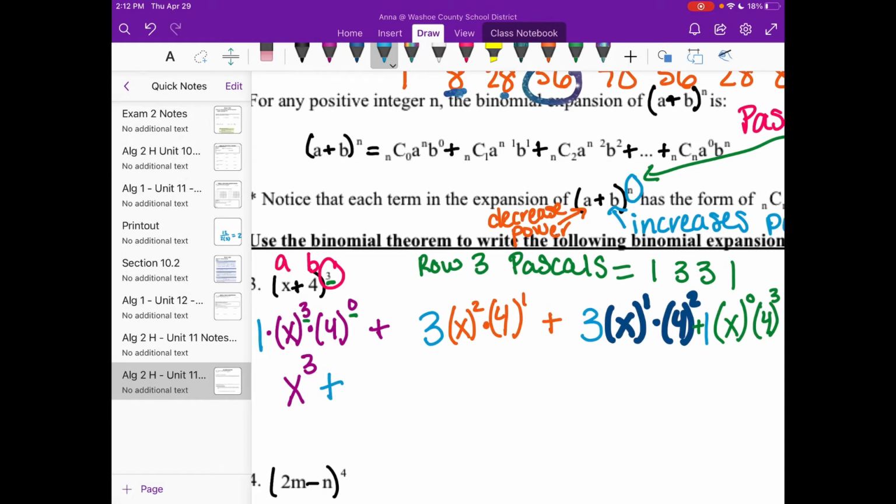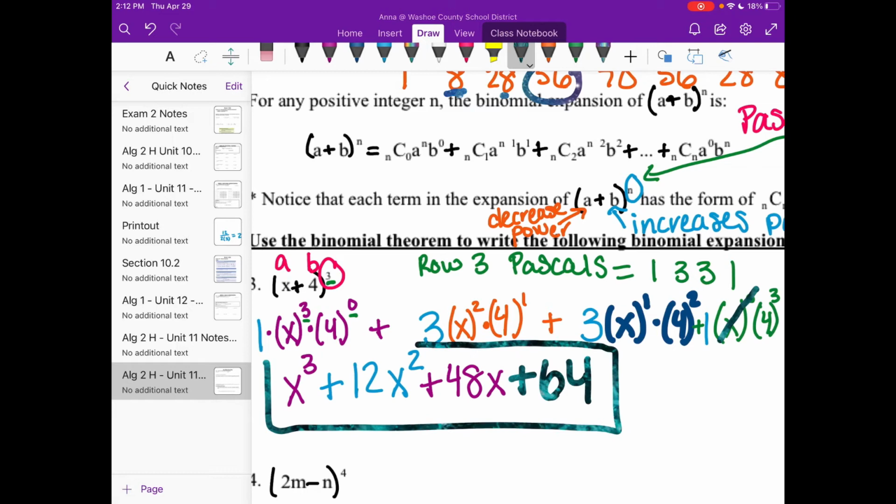Plus 3 times x squared, and 4 to the first is just 4, so 3 times 4 is 12, x squared. 3 times 4 squared, well, 4 squared is 16, so 3 times 16 is 48, 1x, because it's just x to the first, and x to the 0, so no x on this one, but 1 times 4 cubed. Well, 4 cubed is 64. Again, I would get that if I decided to write out x plus 4 three times and FOIL, but this is just another way of multiplying out those binomials if we really wanted to.